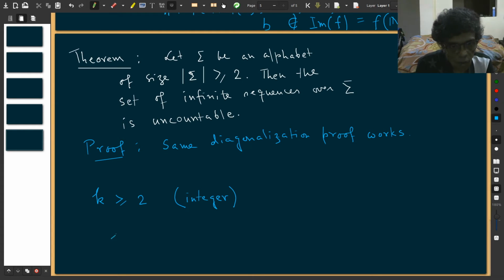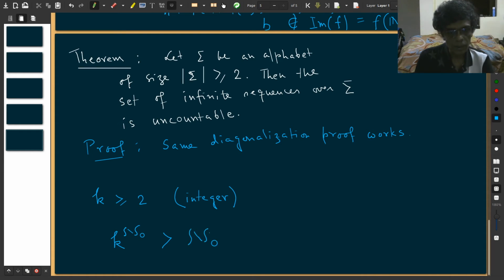And if I consider all positions, that is this, k power aleph naught is no longer countable. Okay. So, this is what we have already proved. I will come to the exact size of the real numbers a little later.